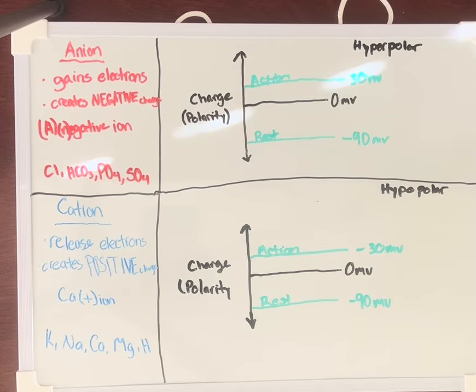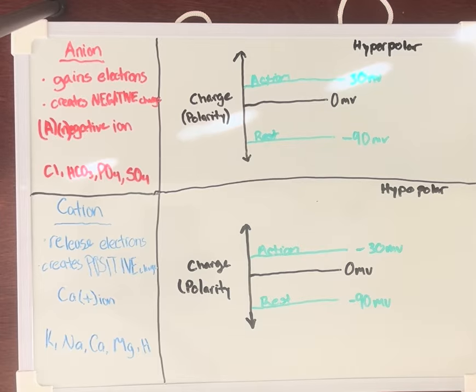So focusing more on the cations, and please excuse my writing, it's very bad. So the ion has released electrons or given them away, which creates a positive charge because now we have less negative, oh my gosh, what are they called? Ion particles, atom particles, I can't remember.